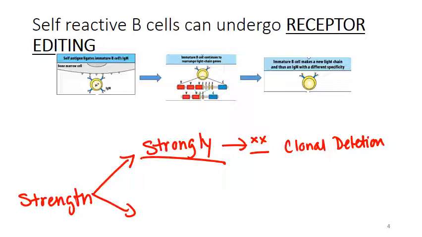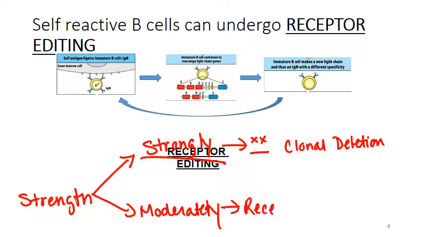If the cell binds kind of moderately to a self-antigen, right? It's going to undergo receptor editing. Now, I talk about this when I talk about making the antigen receptors, okay? So it sees the self-antigen and it binds it moderately.